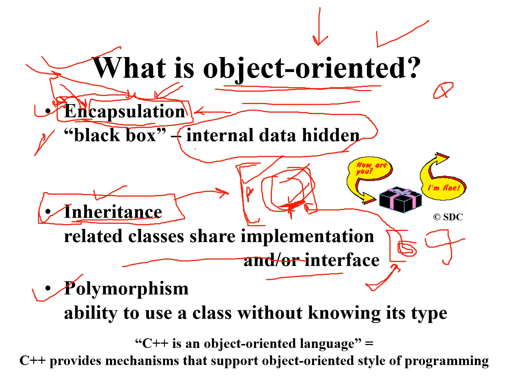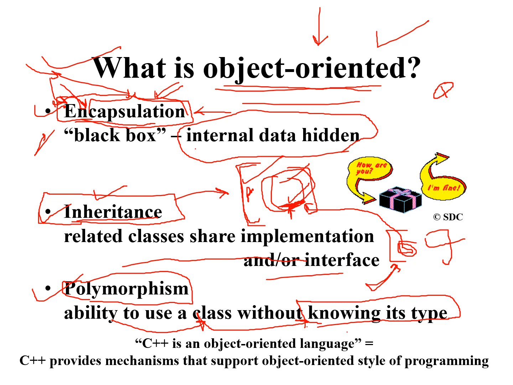Now, polymorphism. What is polymorphism? It is the ability to use a class without knowing its type. We don't even know the type of that class, and still we are able to use it. That is what polymorphism is.